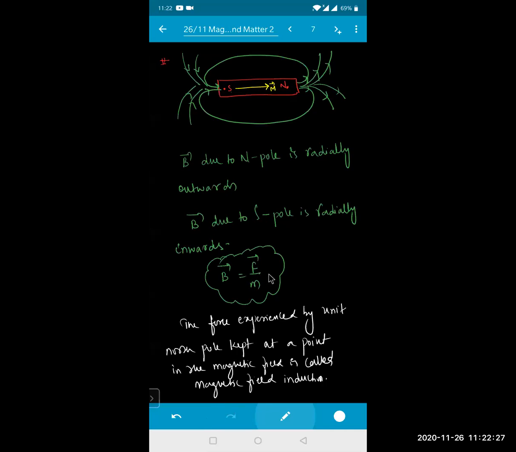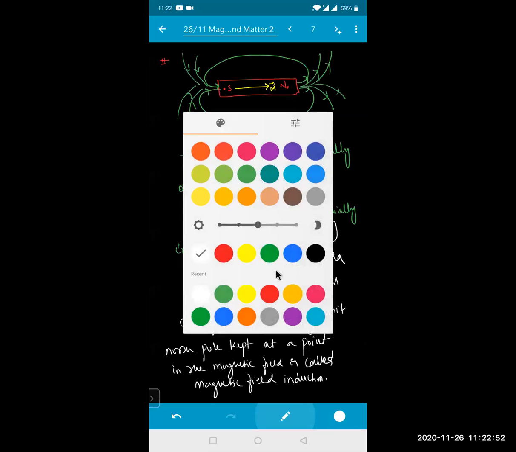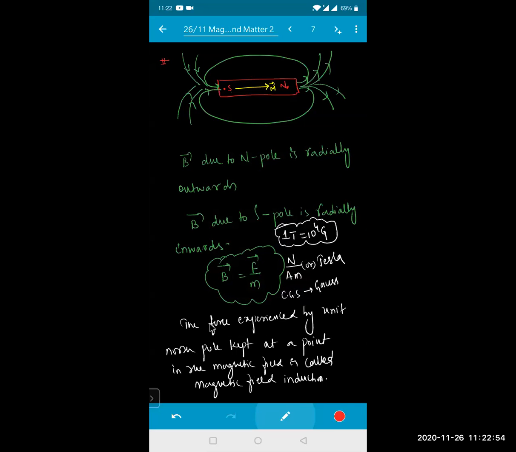So B is equal to F by M. The unit is Newton per ampere meter, also called Tesla. I told you yesterday, the CGS unit is Gauss. 1 Tesla is equal to 10 to the power of 4 Gauss. Clear? Okay, now.